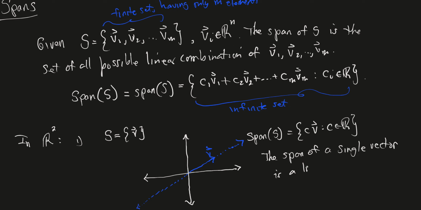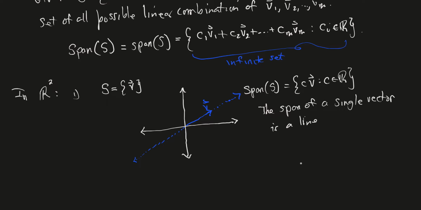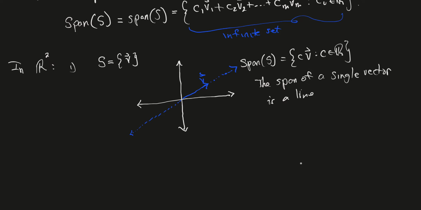Pretty simple. Now, what if we have two vectors? Well, there are two possibilities in R2. Again, I'll do both of them. So let's say I now have u and v.